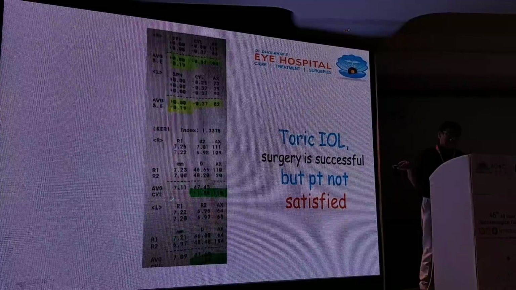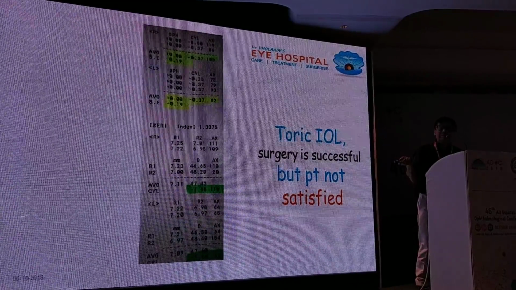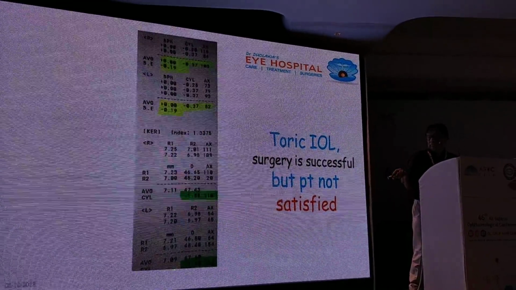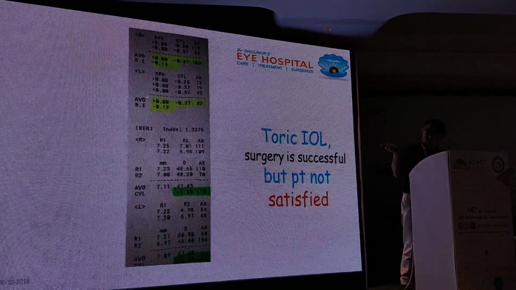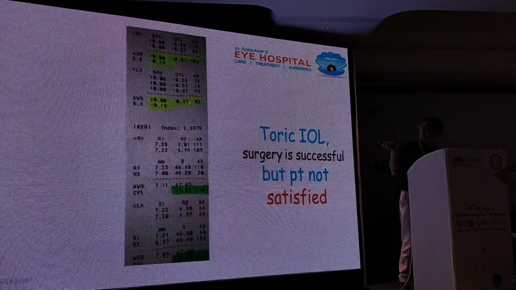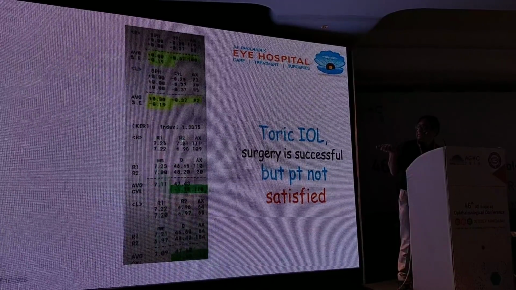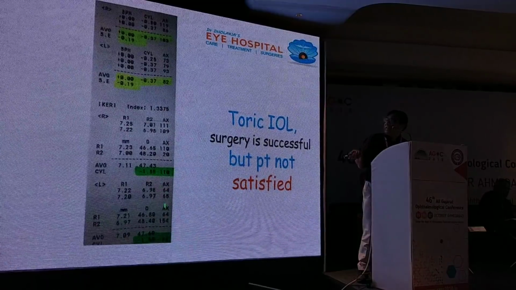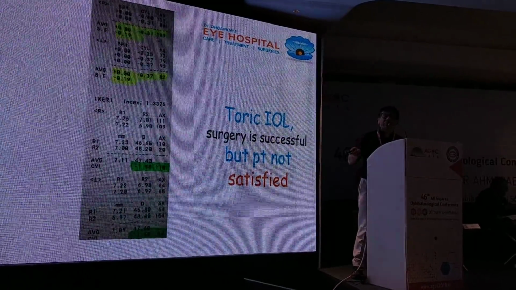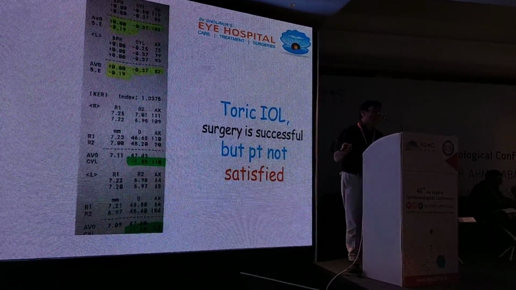Toric IOL surgery is successful but the patient is not satisfied. Now I would like to describe this patient in detail. Here you can see postoperative astigmatism is practically 0.37, 0.37 in both eyes. Preoperative astigmatism was about 1.5. After this result, the patient is not satisfied. Then I inquired why.